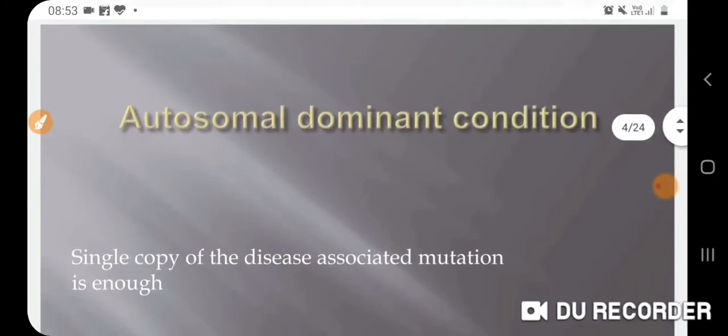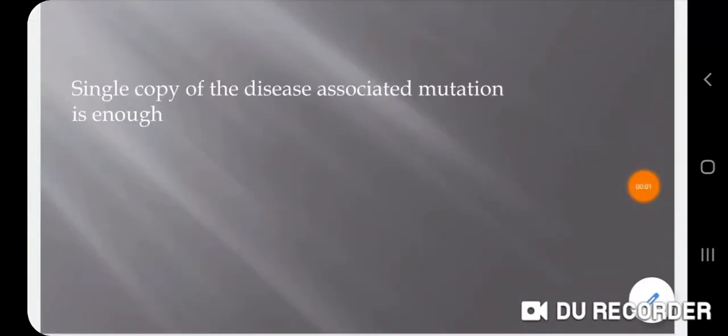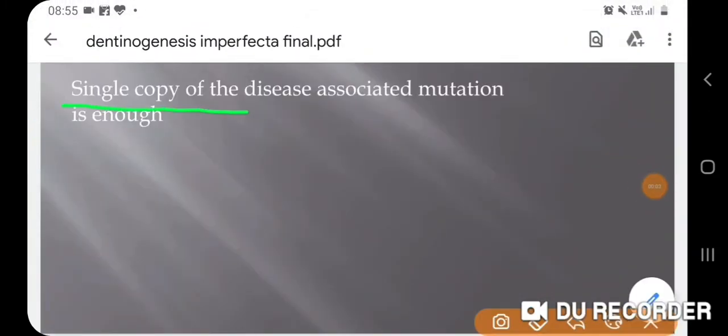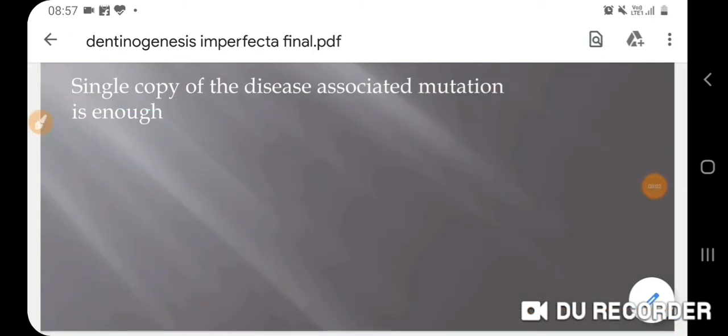In this disease, a single copy of the disease-associated mutation is enough to cause the disease, in contrast to a recessive disorder where two copies of the mutation are needed to cause the disease.